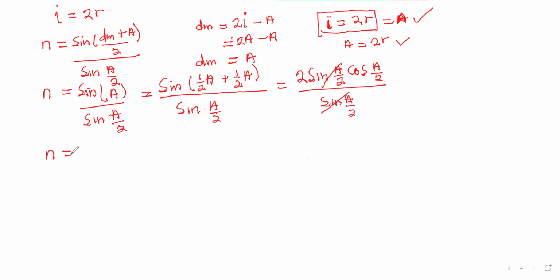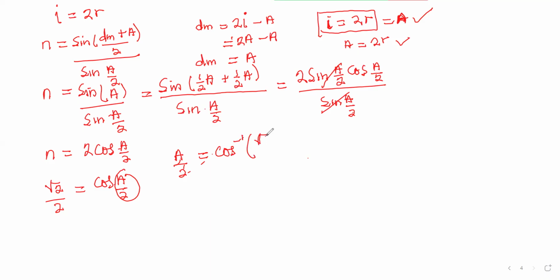And our final result will be 2 cos A over 2. Knowing the refractive index to be root of 2, when we divide root 2 by 2, we will have cos of A over 2. Okay. If we take the cos inverse of this, it will give us this angle, which is A over 2. So cos inverse of root 2 on 2 would give us 45.